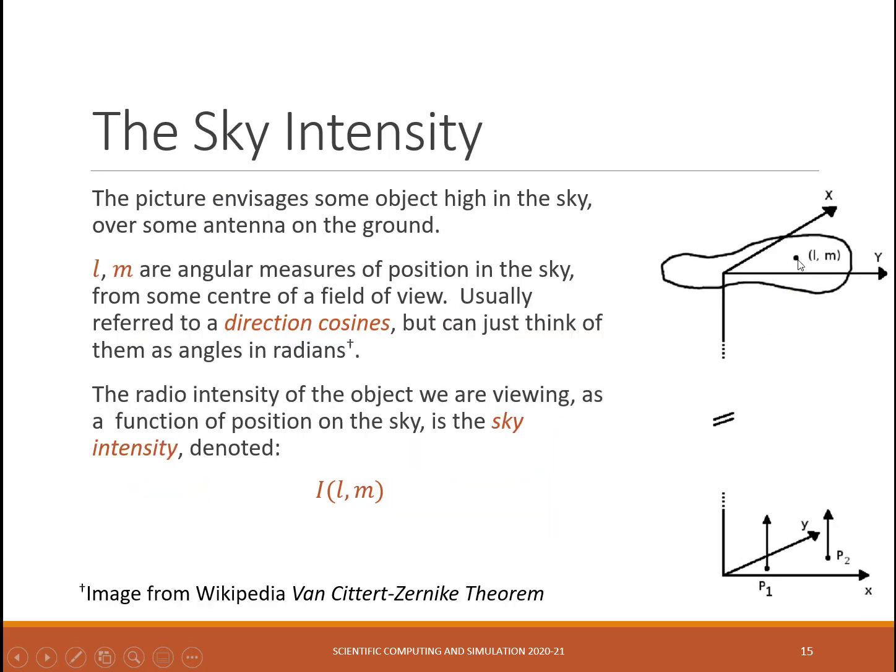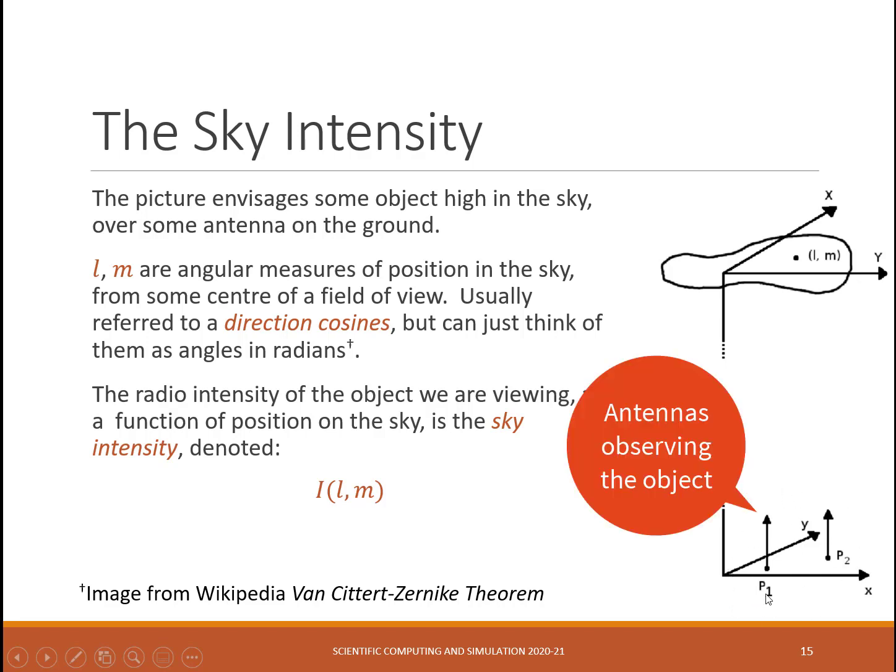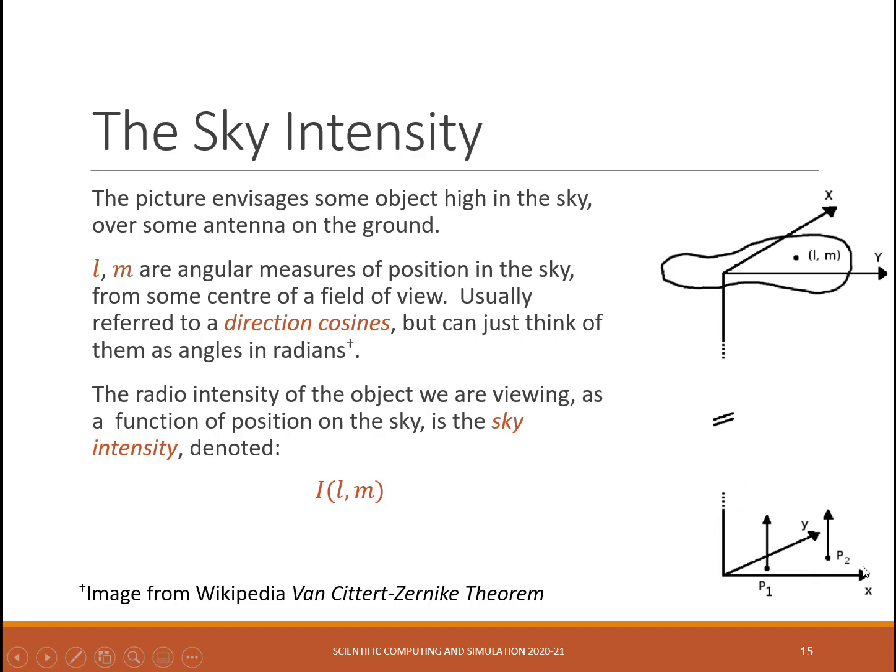Suppose the point (l, m) illustrates the position of an object in the sky in an x-y Cartesian coordinate system. Here on the ground, consider a baseline station with two antennas, P1 and P2, located in the x and y Cartesian coordinate system.